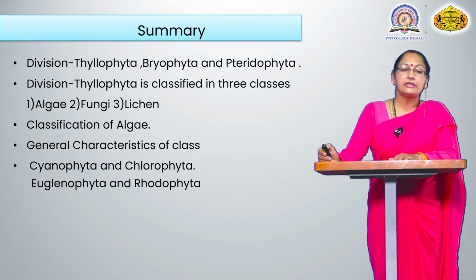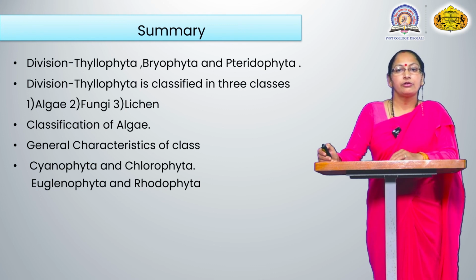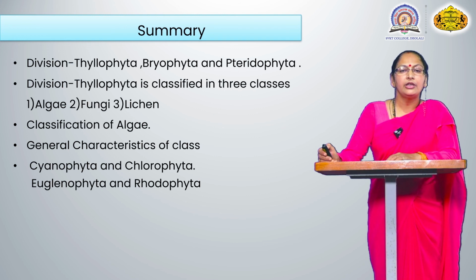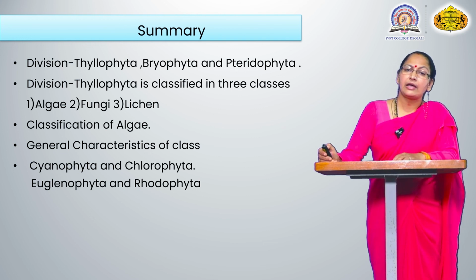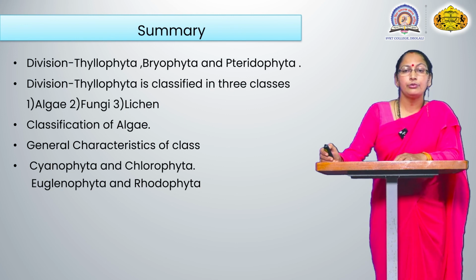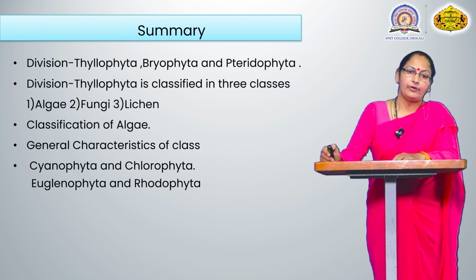Next we saw the general characteristics of all four classes: the pigment, the reserve food material, the cell wall, the flagella and all the reproductive organs of the classes Cyano, Chloro, Eugleno and Rhodophyta.